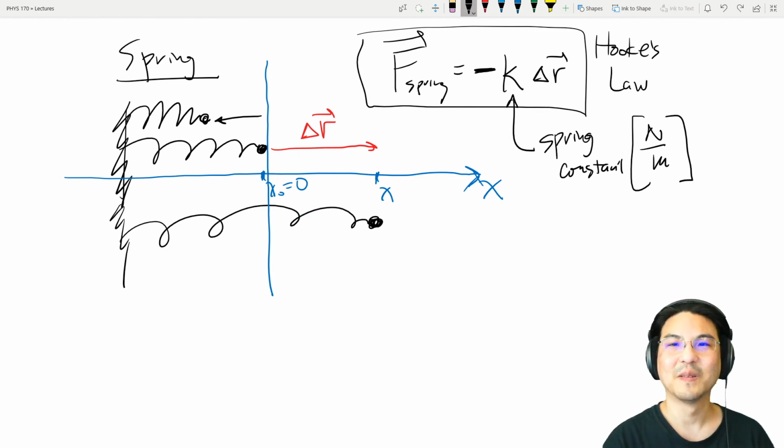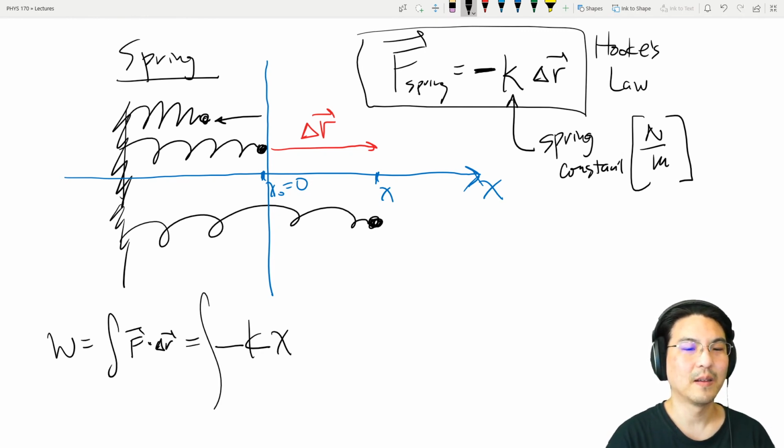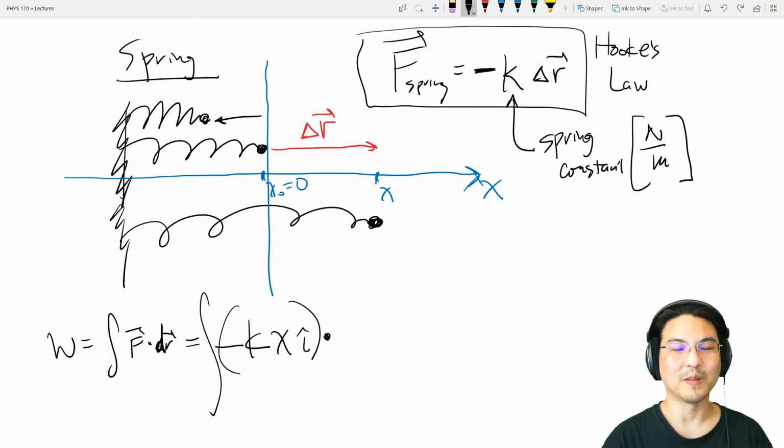So now, that way now the spring force is just minus kx, like this, right? But this is 0. So the work, again, is F dot displacement. Here's F, and that's in the i direction, dot, oh, this should be dr. Let me split up the displacement into components.